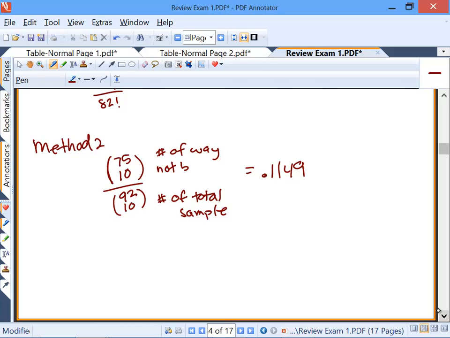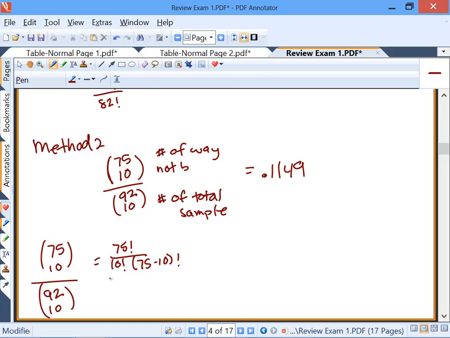Now, this was using a combination. If you actually work this out using the combination formula, this is 75 factorial over 10 factorial times 75 minus 10 factorial, over 92 factorial over 10 factorial times 92 minus 10 factorial. What are those 10 factorials going to do?